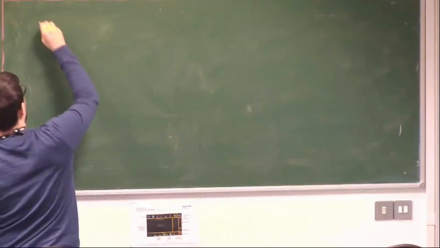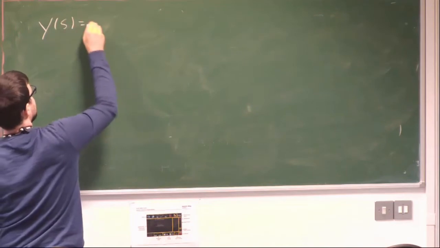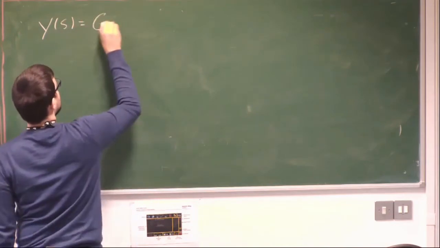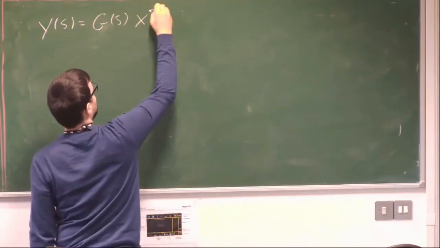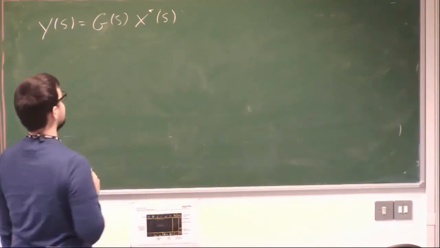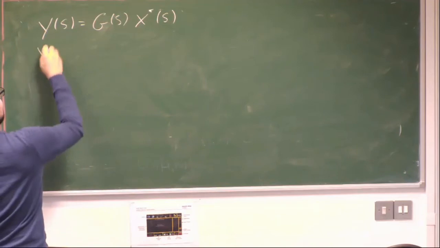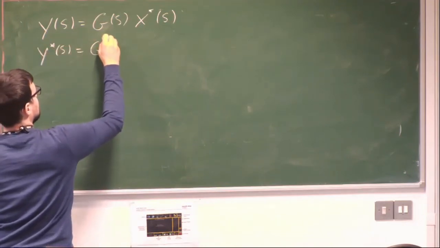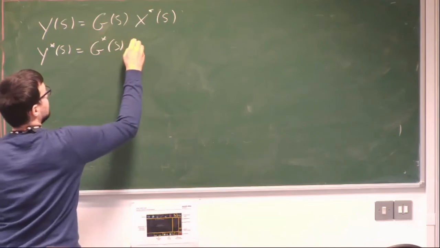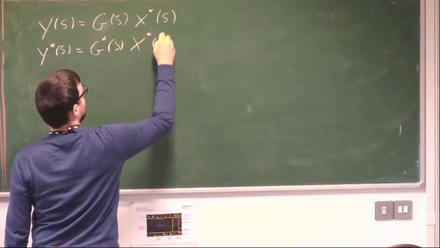Reading from the block, y(s) is equal to g(s) times x*(s). Now we use the star operator, and so we can write that y*(s) is equal to g*(s) times x*(s).